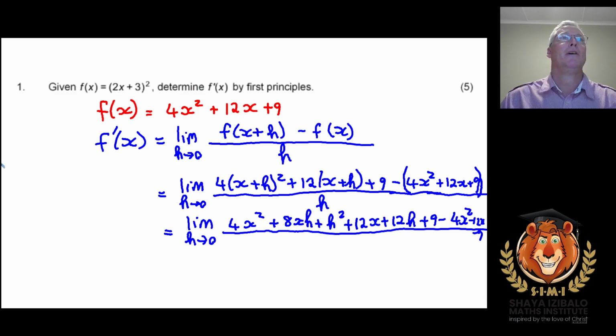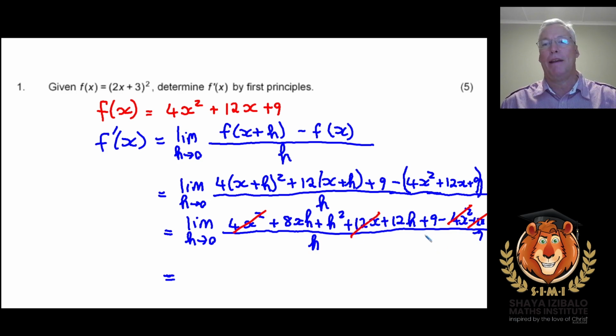Sorry about that. Okay, now we are going to need to factor an h out of the top. And that means that every single term on the top that does not have an h in it must actually cancel out. So 4x squared and minus 4x squared, 12x and minus 12x, and there I've got my plus 9 and a minus 9.